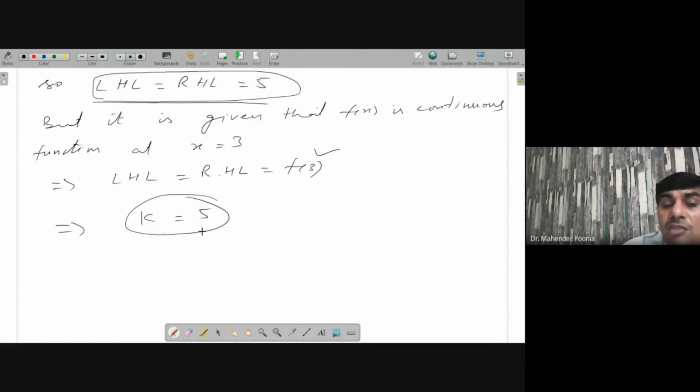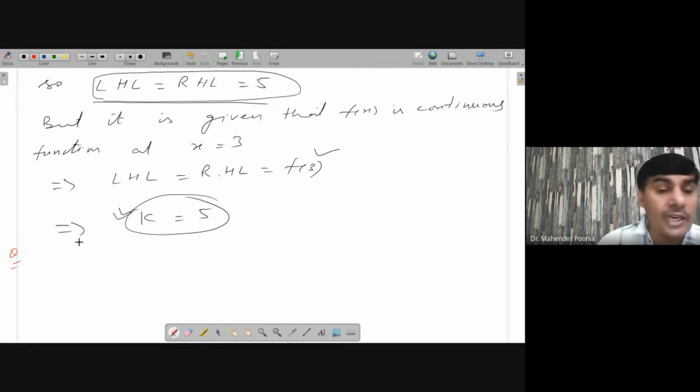So k is equal to 5, which is the required answer. Our target is to find the value of k when the function is continuous. Right? One more question related to this type.